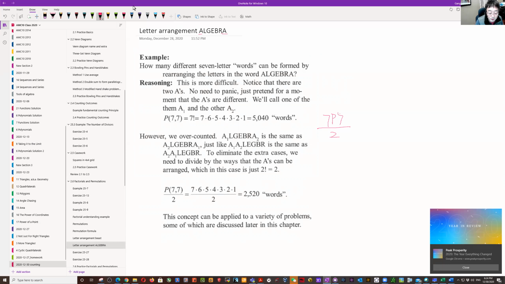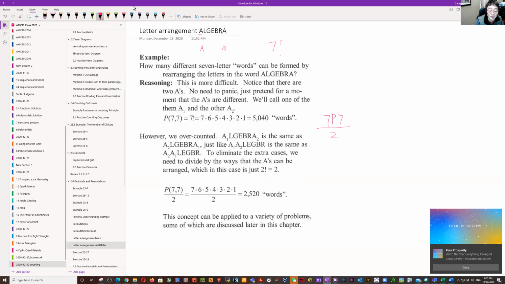Because you can imagine that for algebra, initially you can just write 2 different cases, one uppercase, one lowercase, and you treat them as if they are different. They actually have 7 factorial ways to arrange algebra.